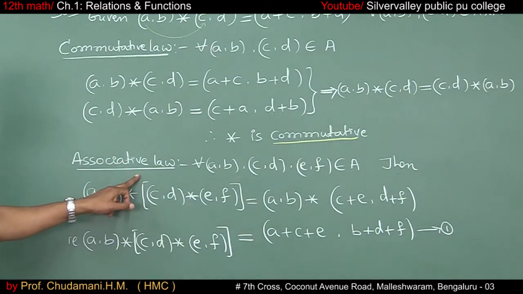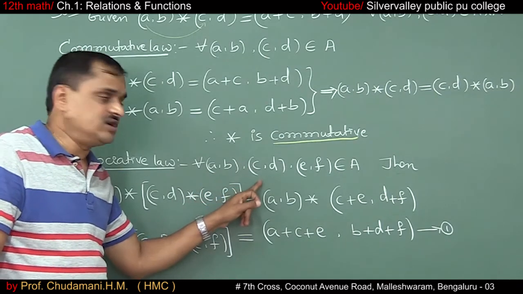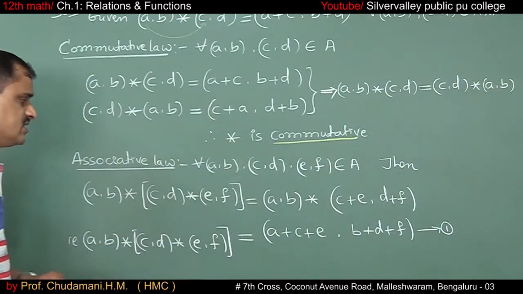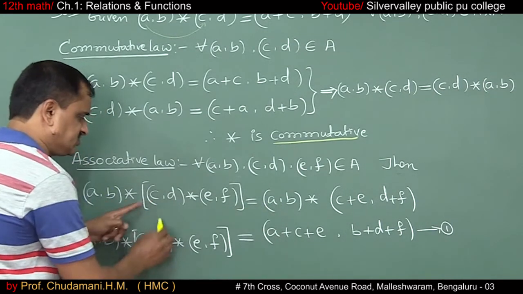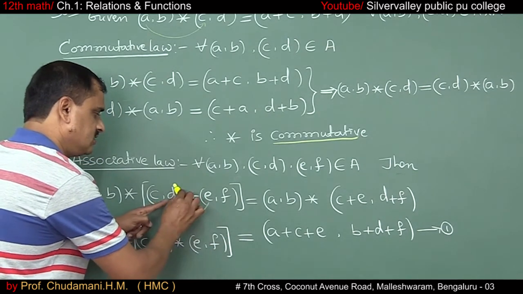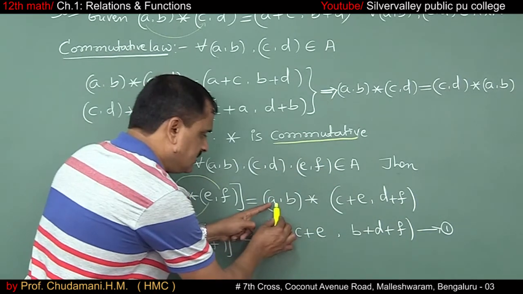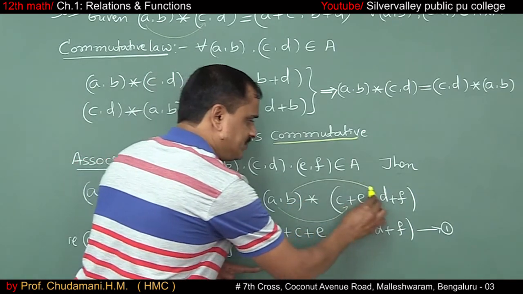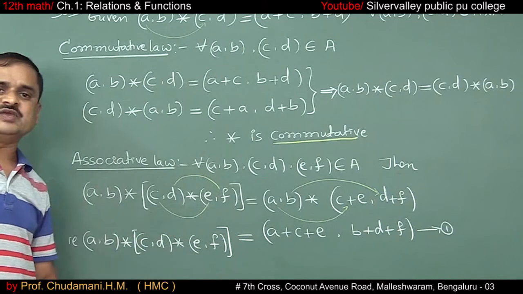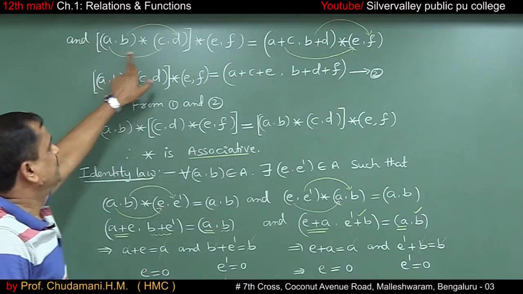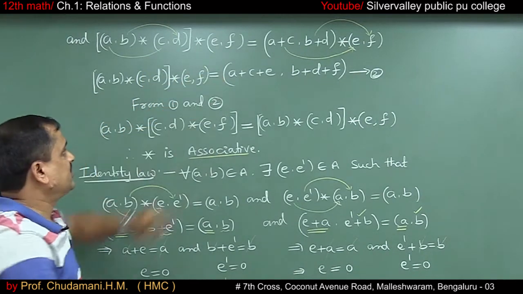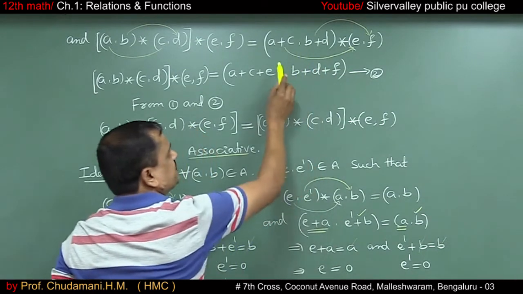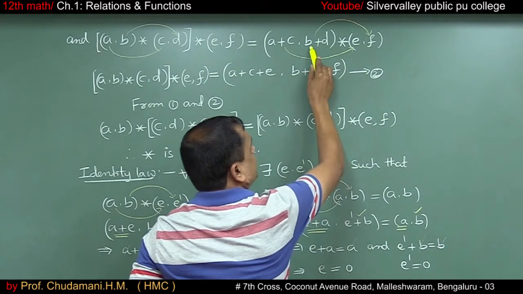Let us verify the associative law. For three elements (a, b), (c, d) and (e, f) belongs to the set A, then ((a, b) star (c, d)) star (e, f) is equal to (a plus c, b plus d) star (e, f), again (a plus c plus e, b plus d plus f).